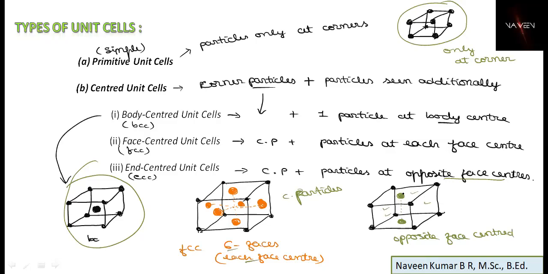Here corner particles, and any two opposite face centers will have the particles. So these will be the respective types of the unit cell: simple primitive unit cell, and centered unit cells as body centered, face centered, end centered.